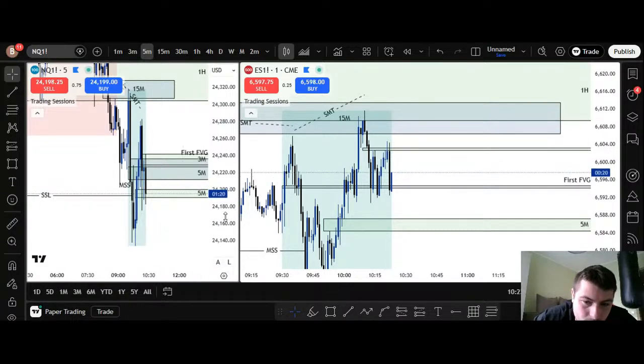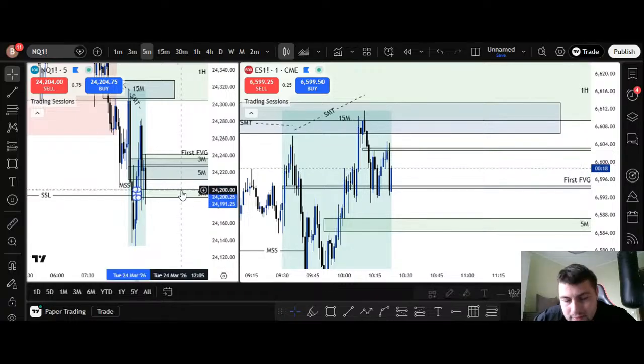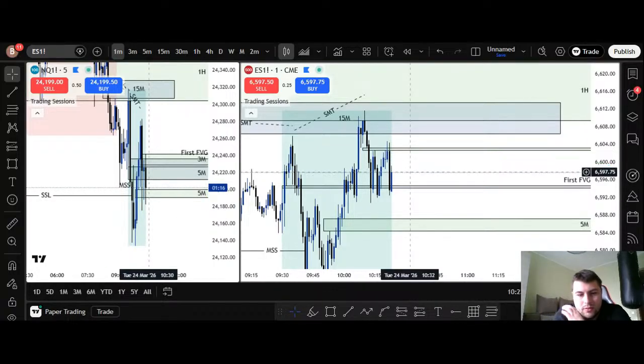But at the same time, I'm not shorting until I see this inversion, so nothing I can do about that. This 3 minutes fair value gap is strong, 100%. It's holding the price perfectly.